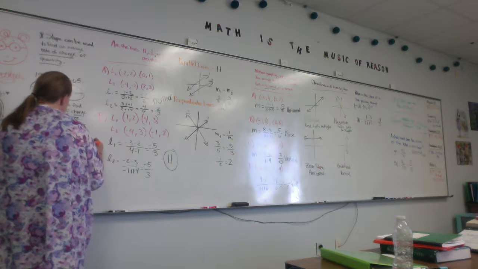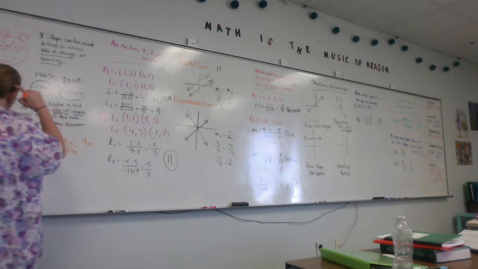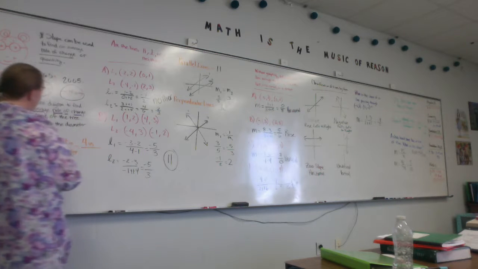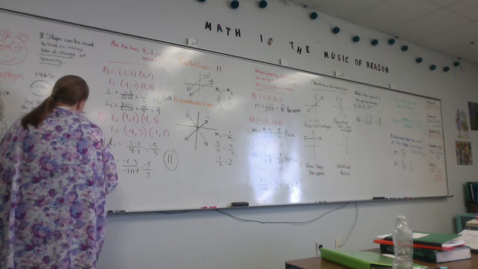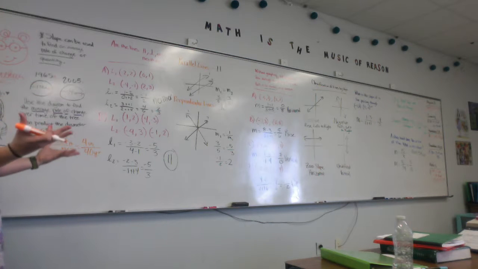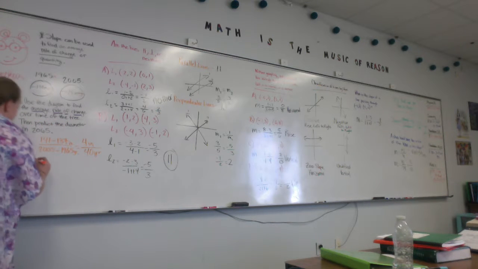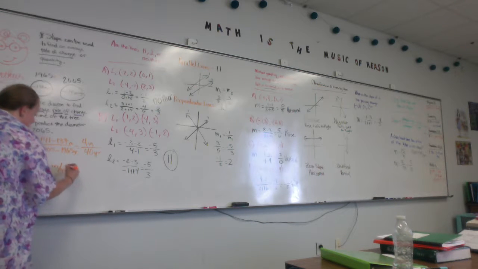You get 4 inches, because technically this top part's in inches and the bottom is in years, right? What do you get when you subtract 1965 from 2005? 40 years. So, reduce it, and I get 1/10, or 0.1, right? So I'm going to get 0.1 inches per year, correct?